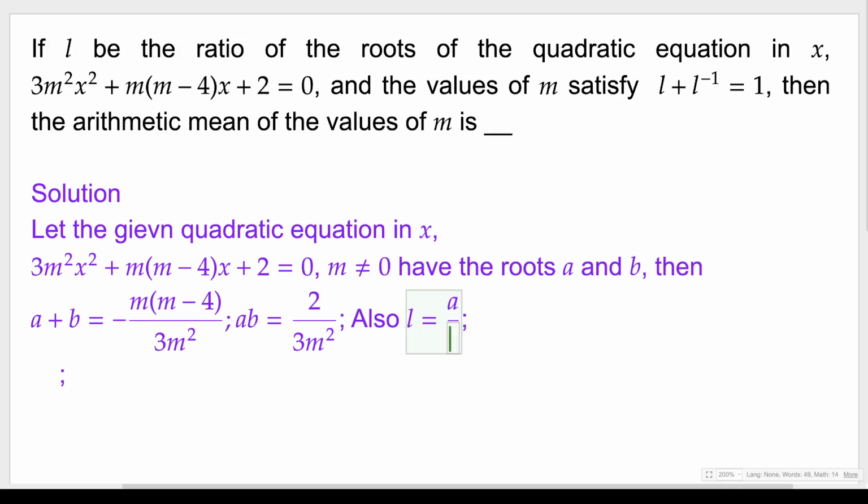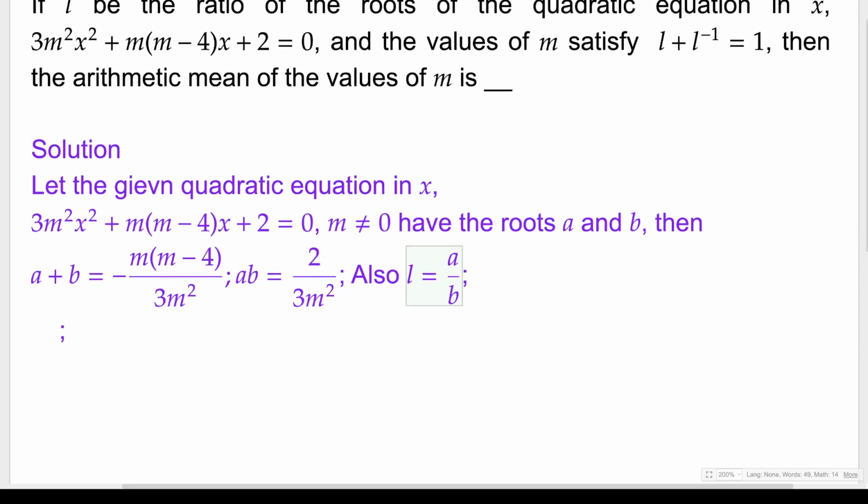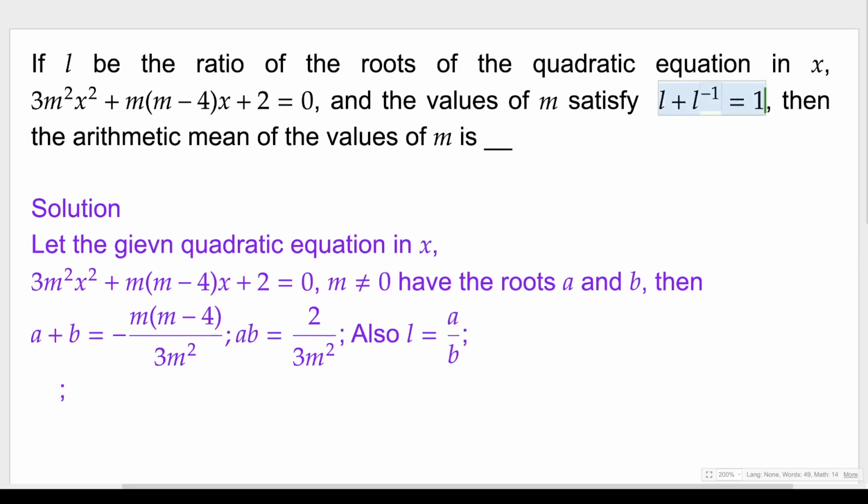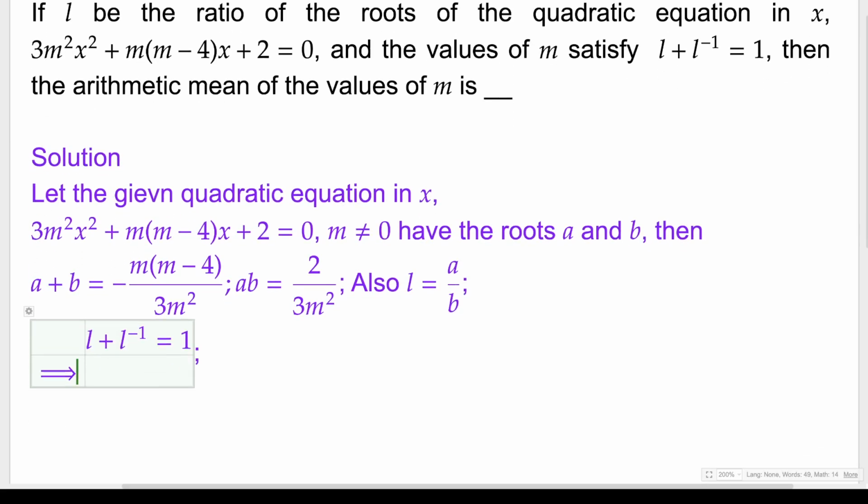It is also given that L is equal to a over b, the ratio of the roots. Now we proceed with the given equation, L + 1/L = 1. Instead of L, I can substitute a over b, and 1/L can be written as b over a, which is equal to 1.